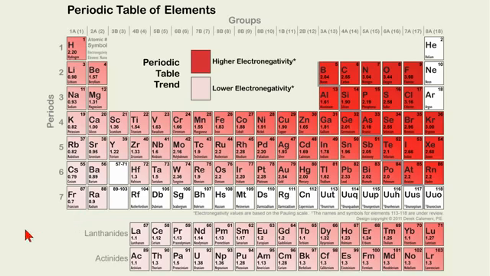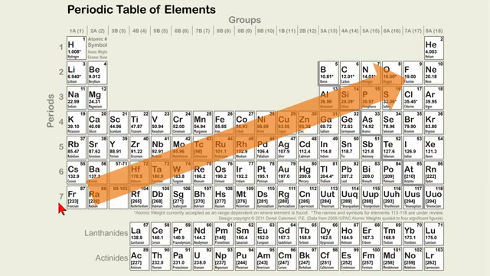If we were to take a blank periodic table and draw an arrow, we could visually see how electronegativity increases. So let's do that, and we see that it increases from the bottom left to the upper right. That's really what you need to know: in the bottom left, these are low values, hovering around 0.7, and it goes all the way as high as 4 for fluorine.